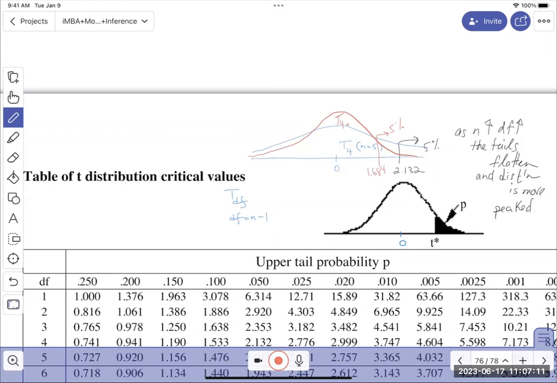Okay, so it becomes more peaked, and in the limit, the T distribution becomes a Z distribution, right?